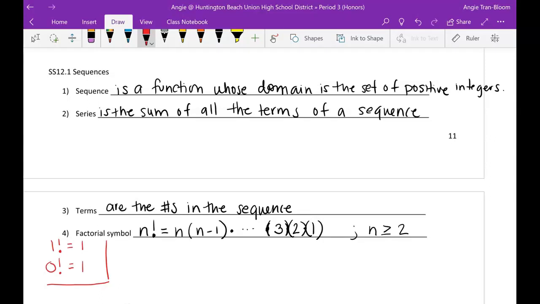So for example, you have one book. How many ways can you arrange one book on the shelf? Just one way. Now, what if you have 2 factorial? This means 2 times 1, which is 2. That means how many ways can you arrange 2 books?